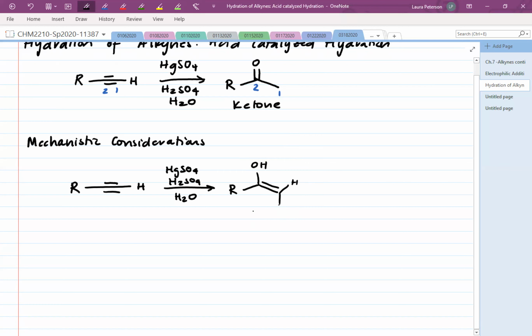So this structure is not particularly stable. It is called an enol. Ene for the alkene, ol for the alcohol. It turns out that these enol species, in the presence of either acid or base, so H+ or OH-, and in this case we're in acidic conditions, this is really an intermediate of the reaction.